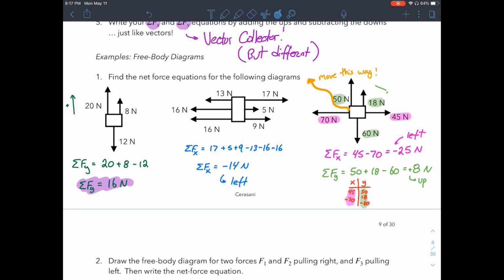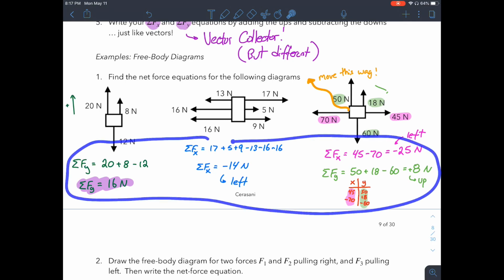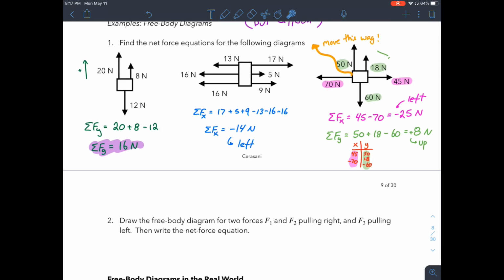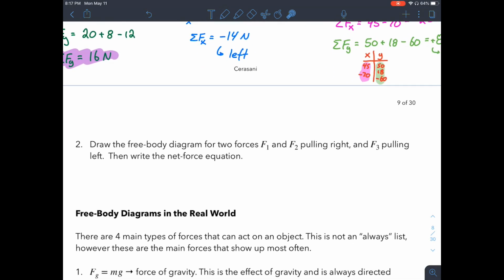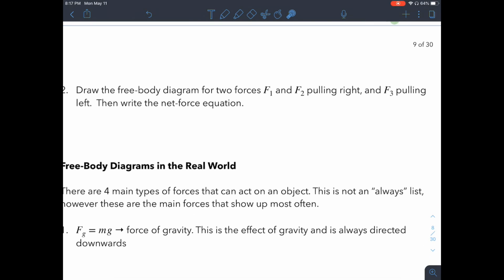But how do we actually draw the free body diagrams so that we can get to these equations? Okay. So what we have to do is look at what forces are acting in what direction. So we need to draw a free body diagram for two forces, F1 and F2 pulling right, and F3 pulling left.